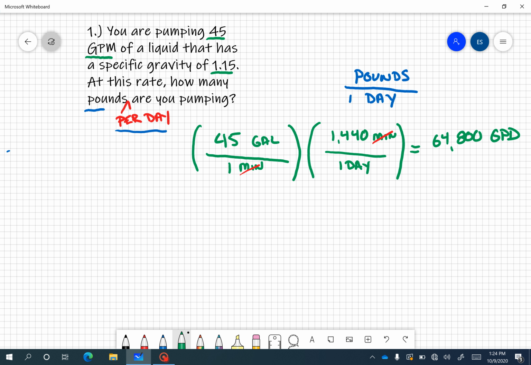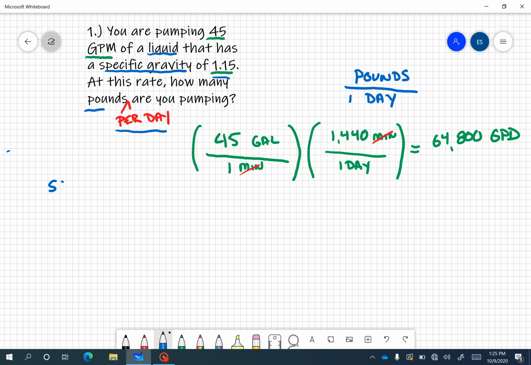Now I have to figure out how to convert from gallons to pounds. There are a couple things here. We don't know how much a gallon of this unknown liquid weighs, but they did tell us that it has a specific gravity of 1.15. And remember from discussing specific gravity, basically that is a ratio between an unknown substance and water.